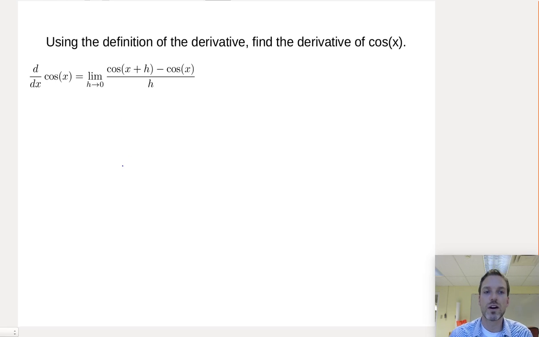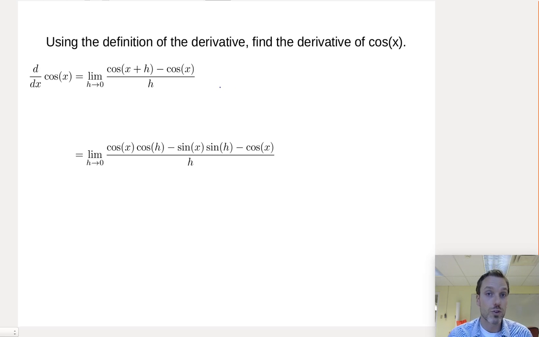So we'll begin by finding the derivative of cosine, and we'll do this by using the definition, which I have written here. Okay, so I have to work with the right-hand side. And to do that, I'm going to use a trig identity, which is found in Appendix F of the course notes, which is the following.